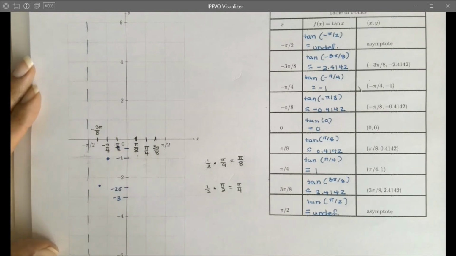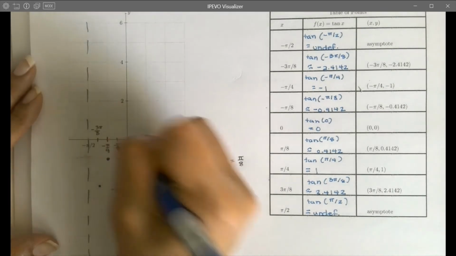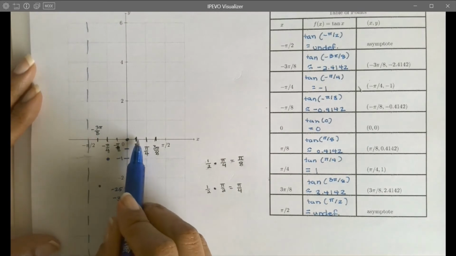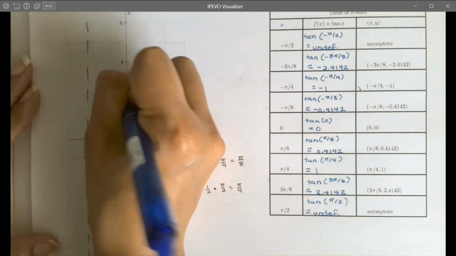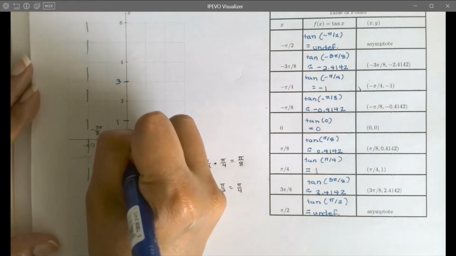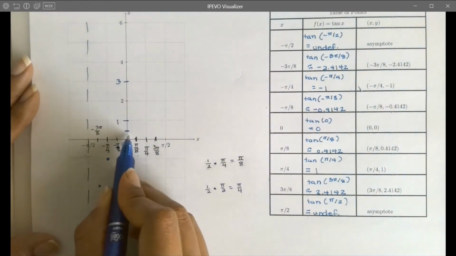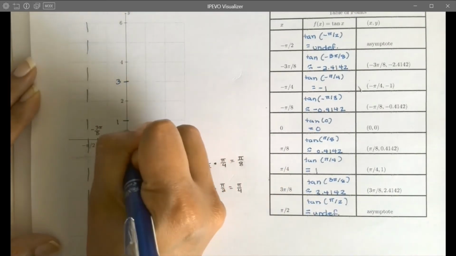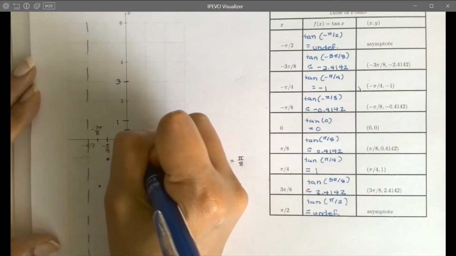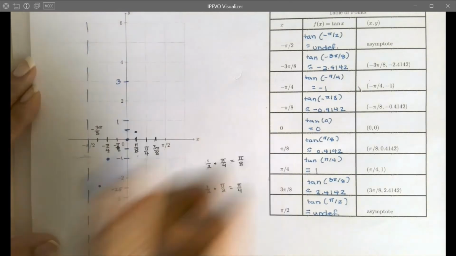Then we have 0 comma 0. Then pi over 8 comma 0.4. I'm just going to label these in really quick. This would be positive 0.5. Actually, it's a little bit higher, halfway. So 0.4 is going to be right beneath that line.